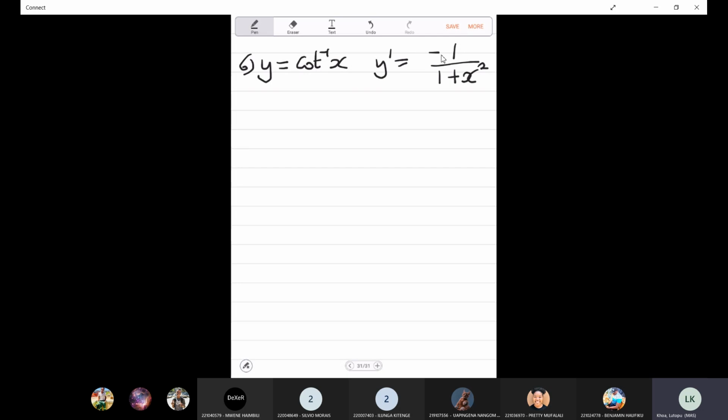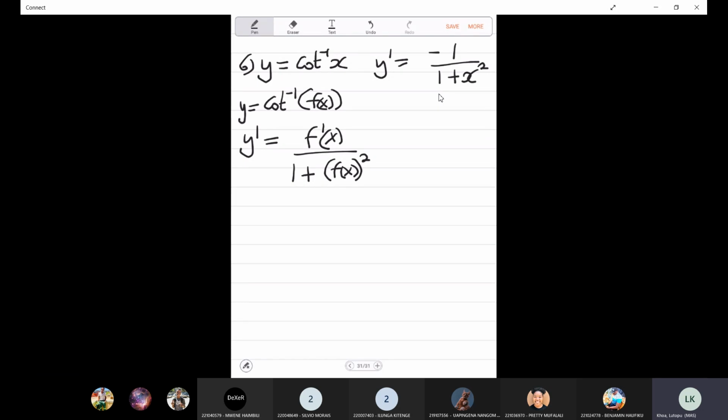So tan inverse is positive, cot inverse is negative, but the derivatives look the same. Then if we have y is equal to cot inverse of f of x, then y prime is equal to f prime of x in the numerator, then 1 plus f of x squared in the denominator.